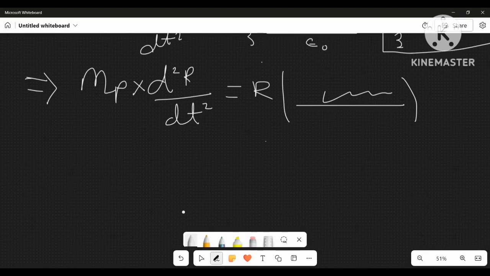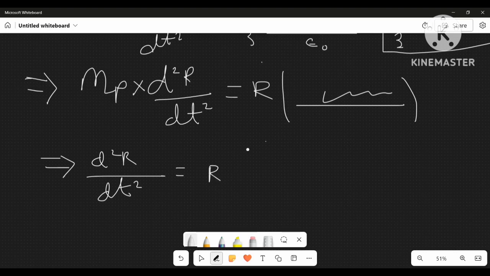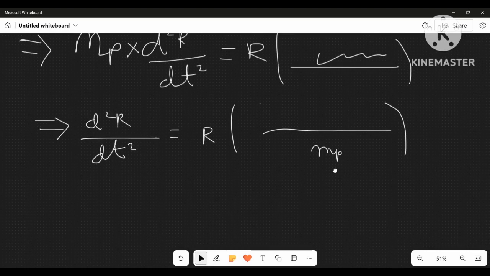So now the second order derivative of r becomes r times that expression divided by mp, the mass of a hydrogen atom.